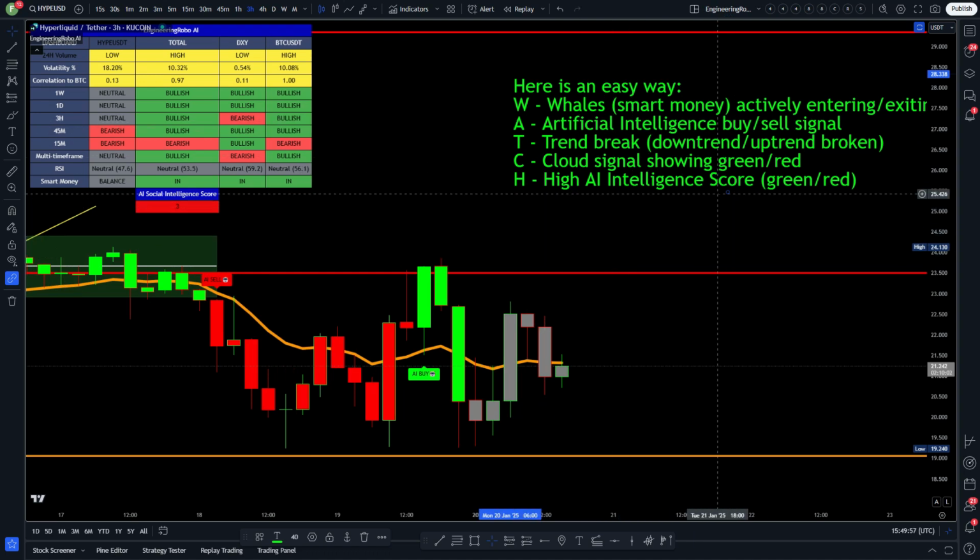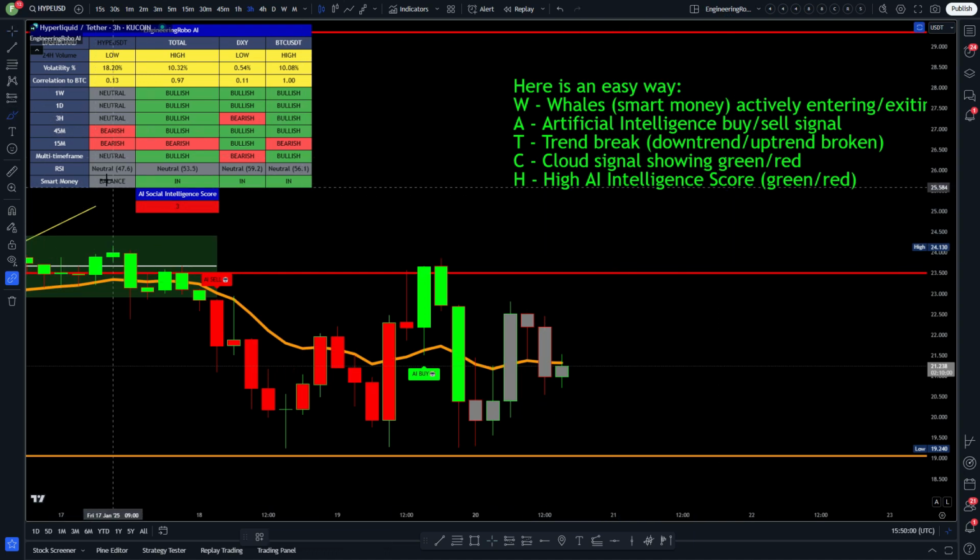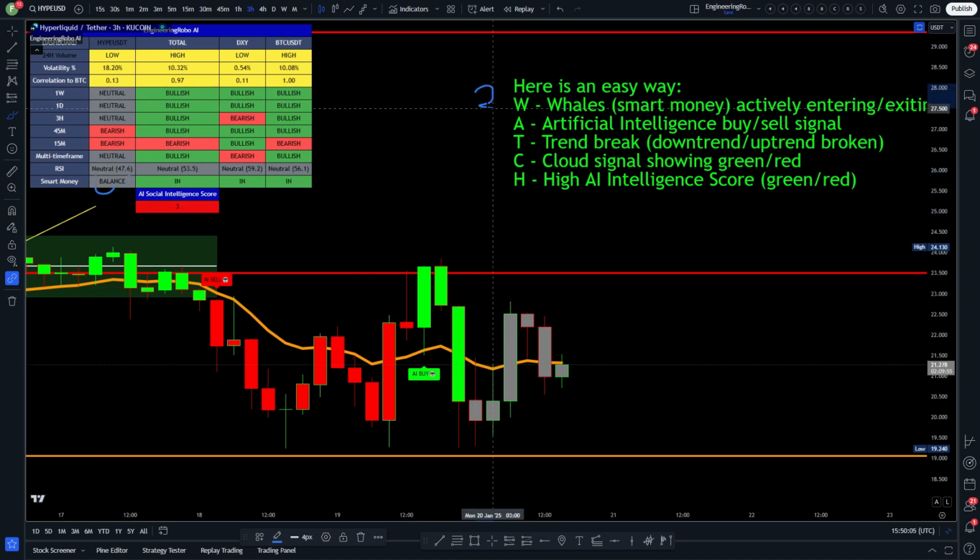Whales, smart money, is it actively entering or exiting? Right now we have a balanced. I'm going to leave that as a question mark at the moment. It's not in or out, it's balanced. Do we have an AI buy or sell signal? Yes, we do. We have a buy signal.